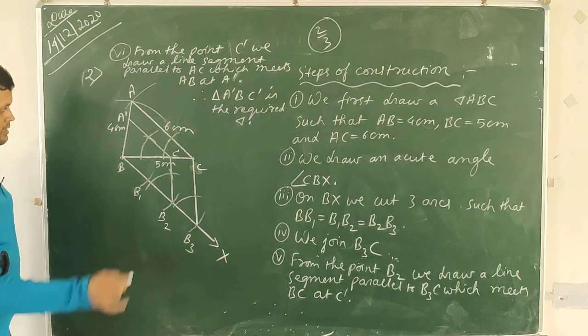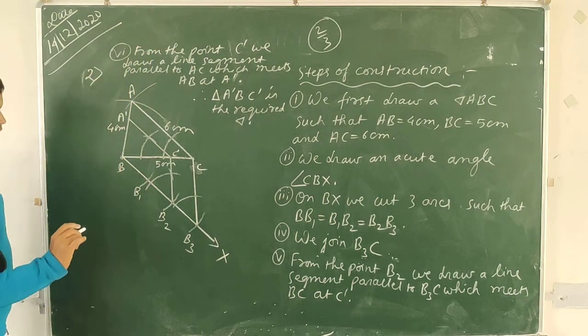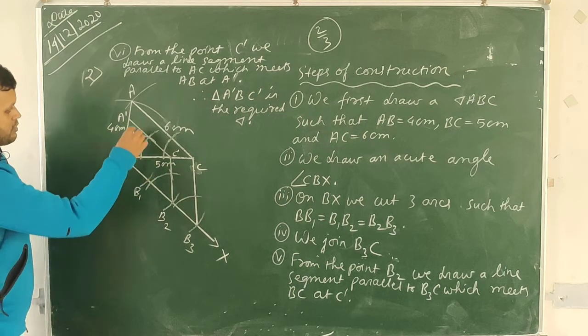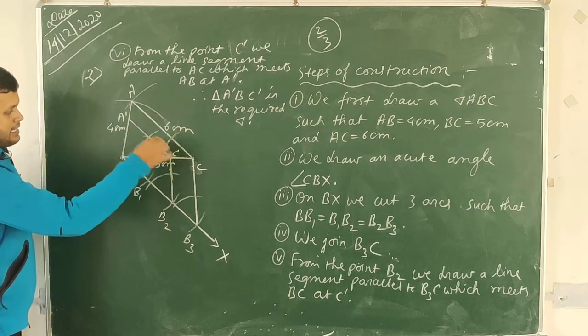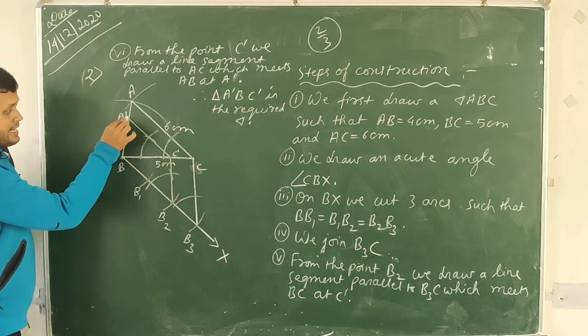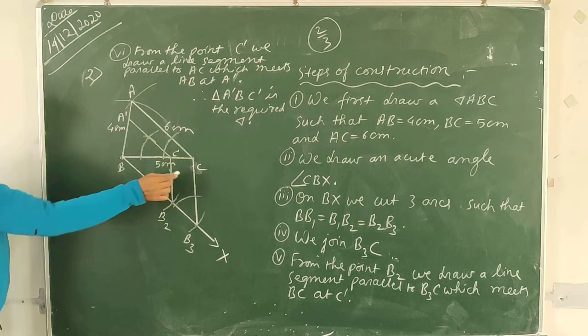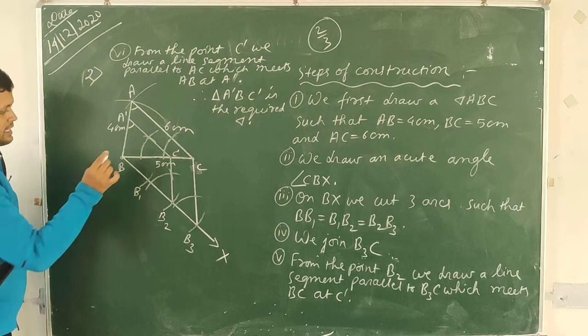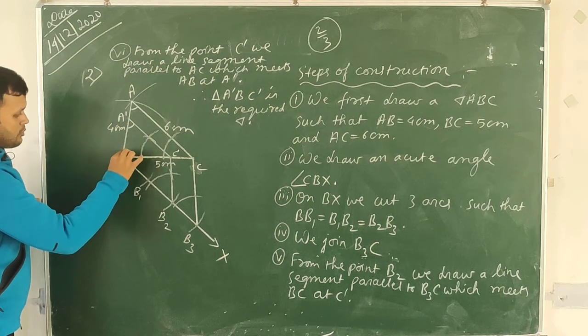First you have to see whether these two triangles are similar or not. See how these two triangles are similar, because this line and this line are parallel: A dash C dash and AC are parallel. So this angle and this angle are corresponding angles, and this angle is a common angle, isn't it?